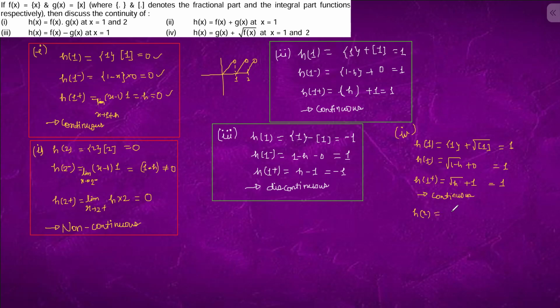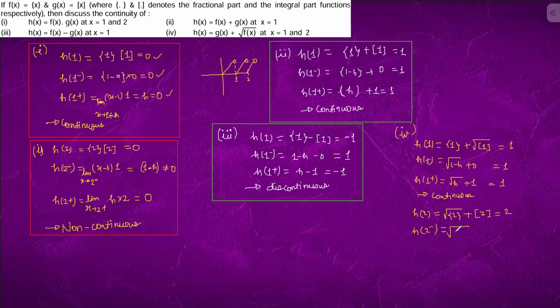h(2). For h(2) we have root under fractional part of 2 plus greatest integer of 2, which is 2. Yes, h(2 minus).